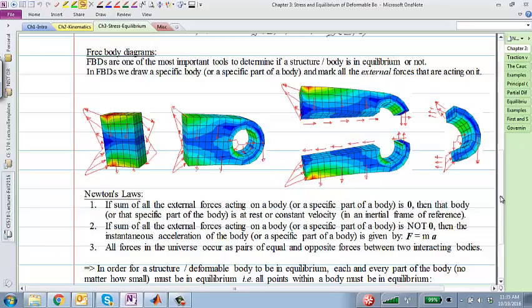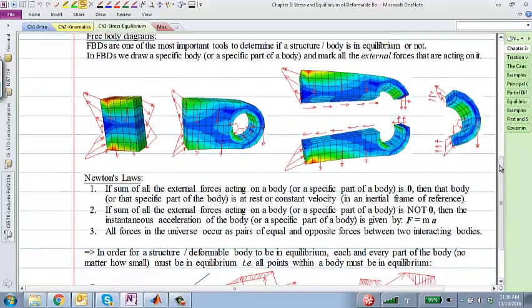Since it's a deformable body and we are going to try to relate these forces that act on it, both external and internal, we're going to imagine different pieces or parts of a deformable body, draw free body diagrams of those, and try to find out what the conditions for equilibrium are.